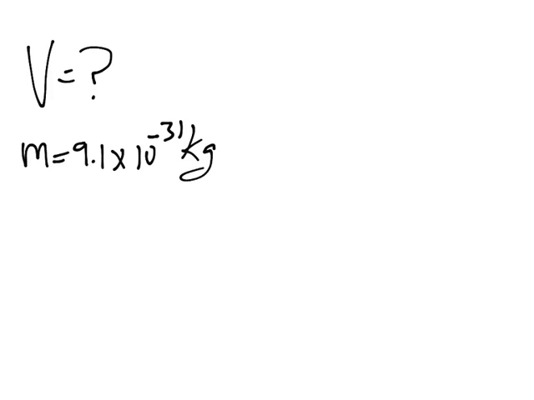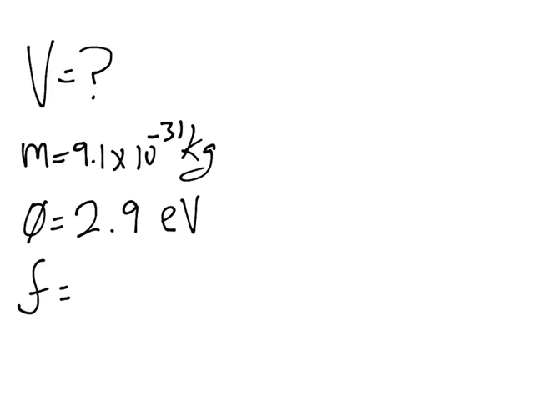So we have a work function of 2.9 electron volts. Okay. So what is the velocity of an electron emitted by lithium if light of frequency 4. So they're telling us the frequency. I'm going to write frequency with an f just so you don't confuse it with velocity. So they're telling us the frequency is 4.77 times 10 to the 15, 1 over second.